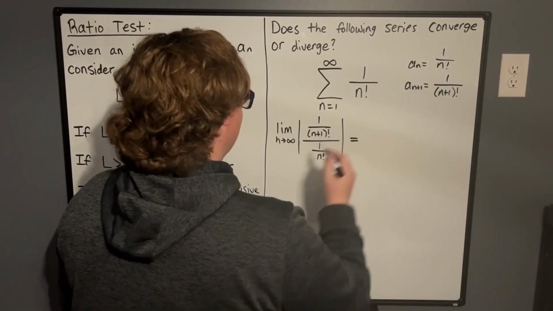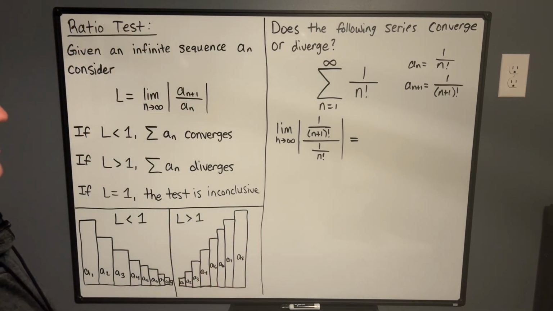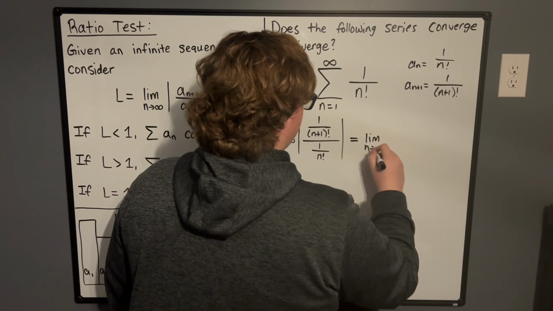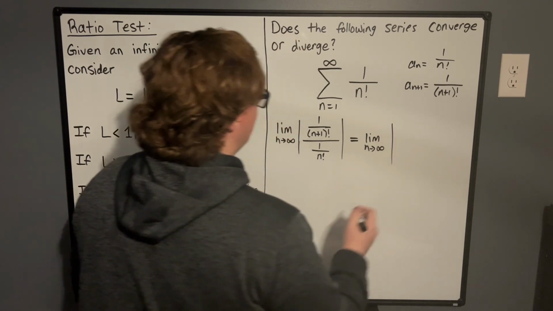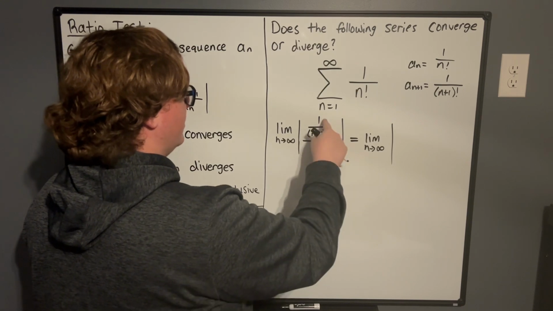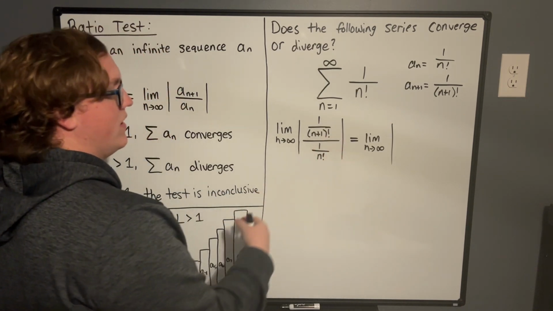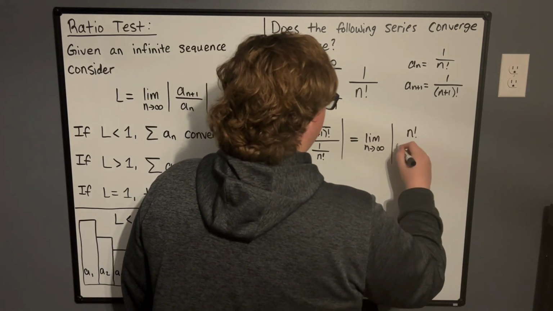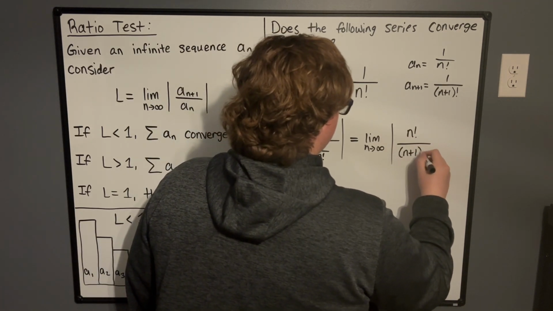Since we're dividing fractions, we can flip and multiply. So this is the same as the limit as n goes to infinity of the absolute value. If I flip and multiply, the n factorial comes up to the top and we have n plus 1 factorial on the bottom, because the ones don't affect anything. So I just have n factorial over n plus 1 factorial.